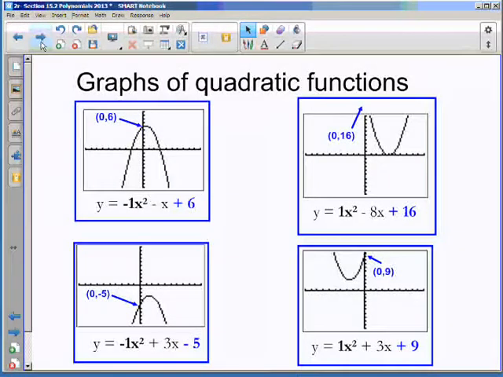So let's take a quick look at the graphs of quadratic functions. There's a few features we want to point out. The y-intercept is an obvious one, so we look at that, but it's not necessarily the most important. We obviously care about the vertex, something we'll call a turning point, and as well what the zeros are from the fundamental theorem of algebra.